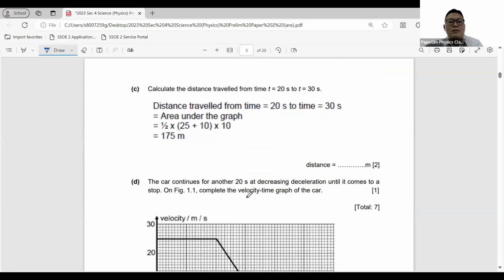For part C, the distance traveled from 20 to 30 seconds. Remember, for distance traveled here, we don't just rely on distance = speed × time. What we rely heavily on is the area under the graph, for a VT graph. The area under the graph gives me one thing, which is the distance traveled.